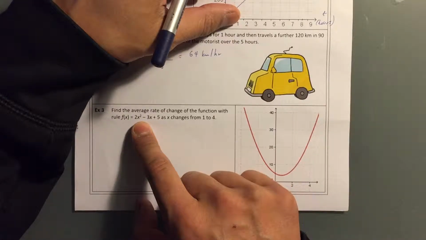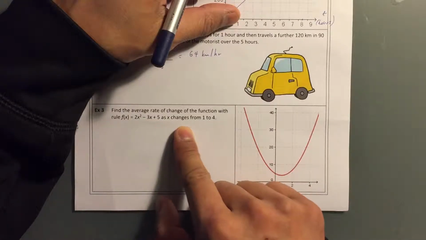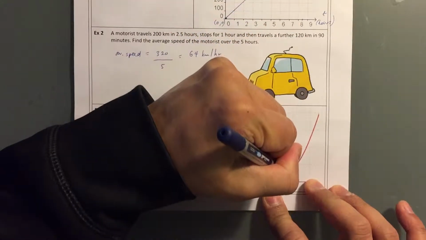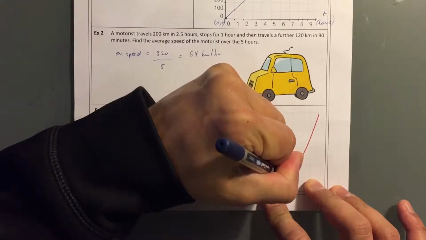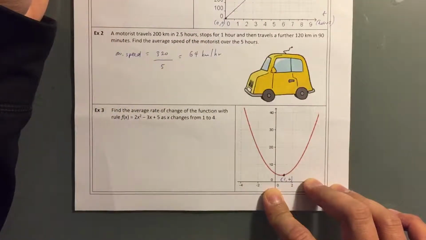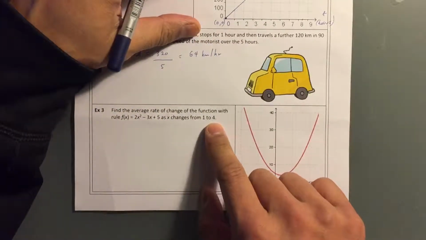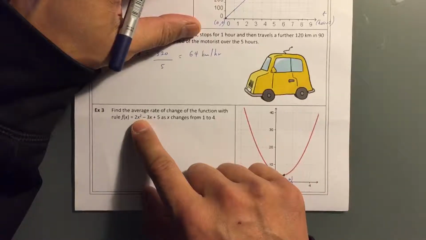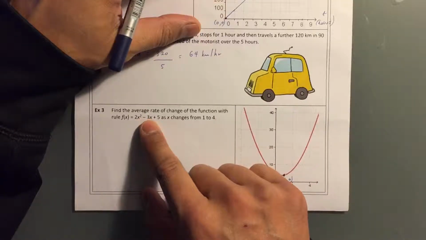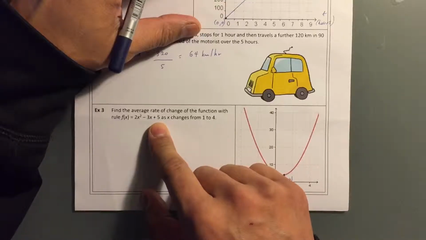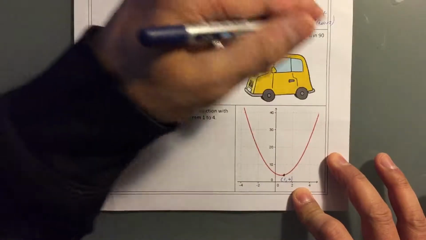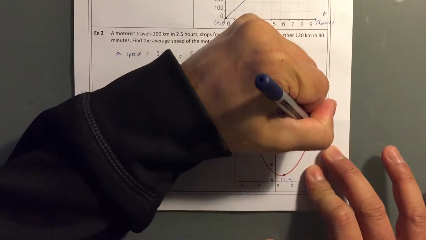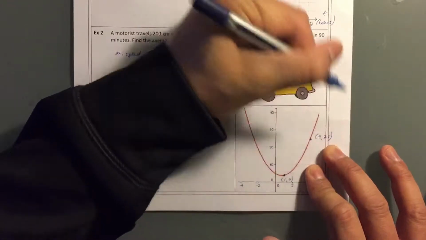If I sub 1 into here, I get 2 take 3 plus 5. That's going to be 4. So this point here is 1, 4. And if I sub in 4, that's going to be 32, take 12, plus 5, that's going to be 25. So this point here is 4 and 25.